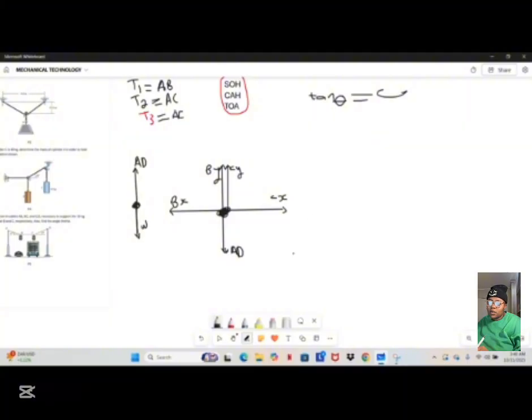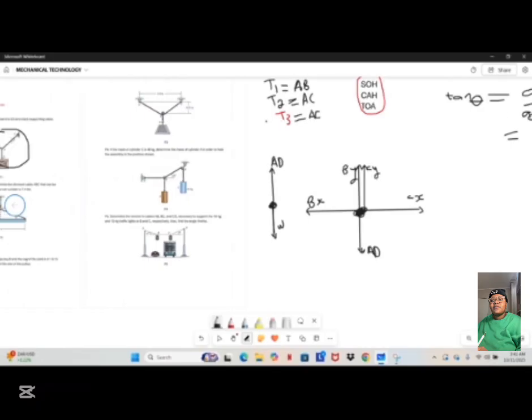We have opposite over adjacent, which is gonna be equal to, here, this is our opposite and this is our adjacent. Then it's gonna be 3/4, right?